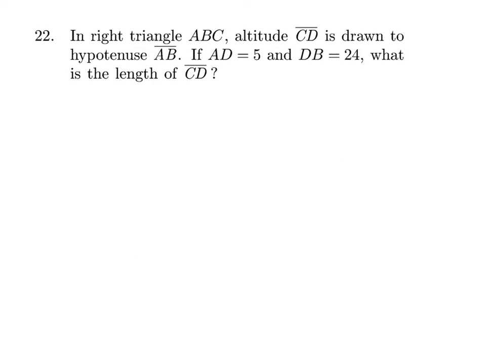All right, in the right triangle ABC, altitude CD is drawn to hypotenuse AB. So we'll do this. Hypotenuse AB. All right, we have CD is the altitude drawn.